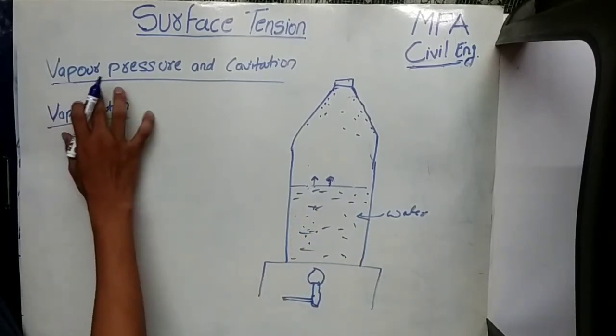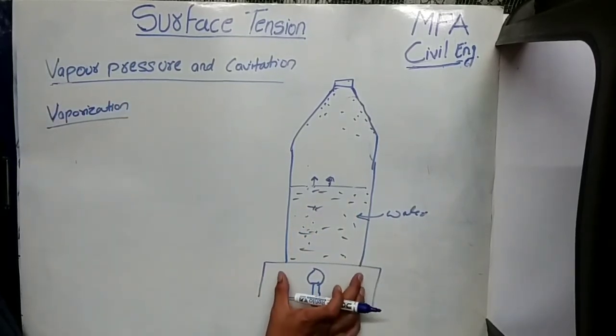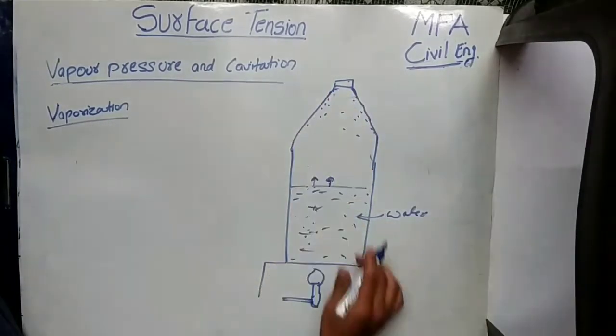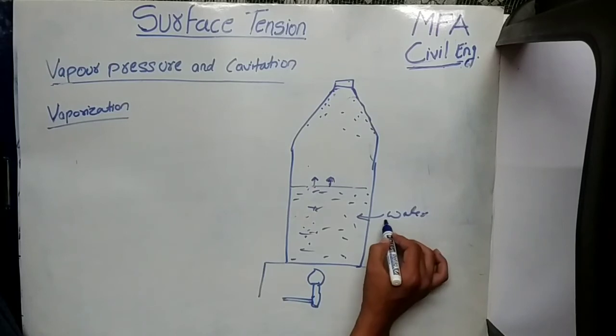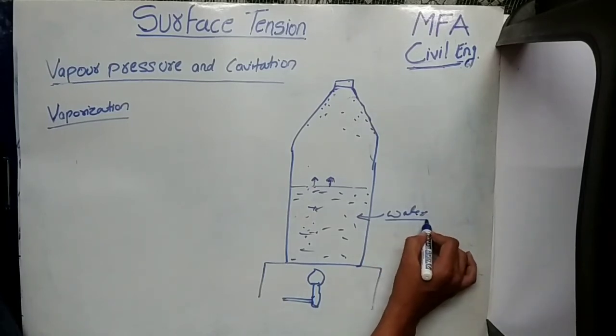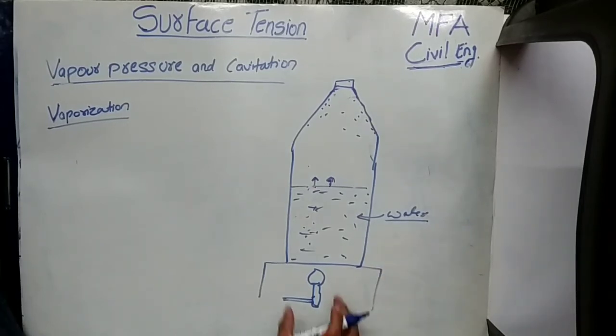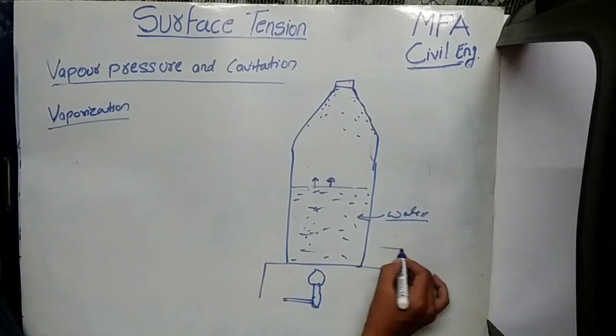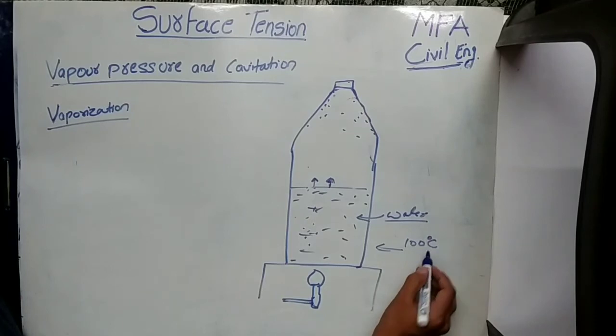Now let's understand vapor pressure with the help of this diagram. Consider a closed vessel partially filled with liquid. Consider the liquid is water at a normal temperature. Now increase the temperature of the vessel by an external source to about 100 degrees Celsius.